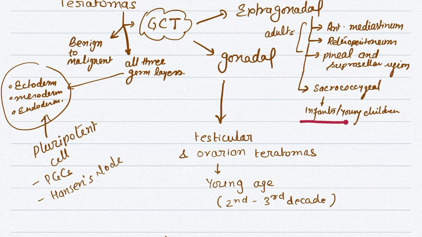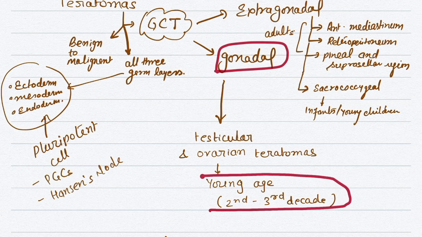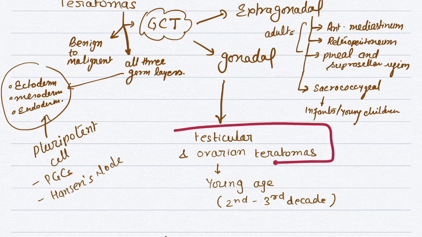However, in infants or young children, teratomas are commonly seen in the sacrococcygeal region, known as sacrococcygeal teratomas. Gonadal teratomas are seen around the second or third decade of life. They can be testicular or ovarian teratomas.